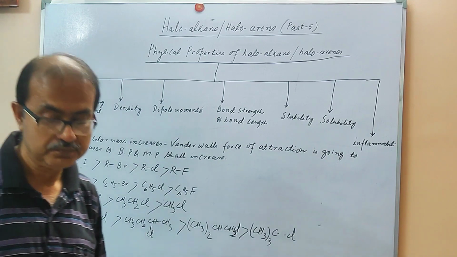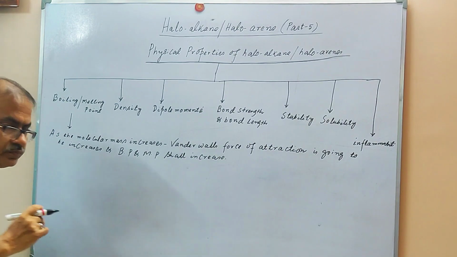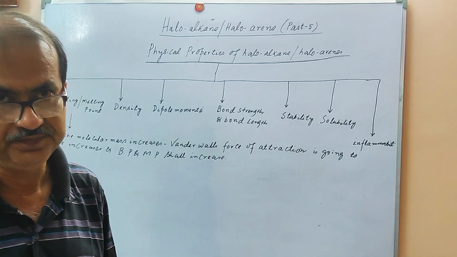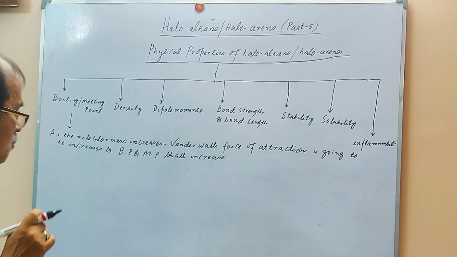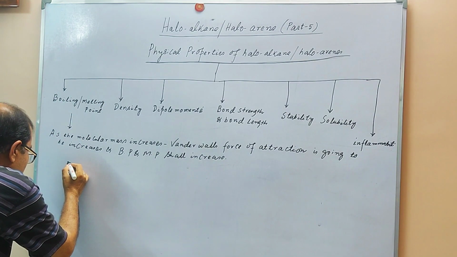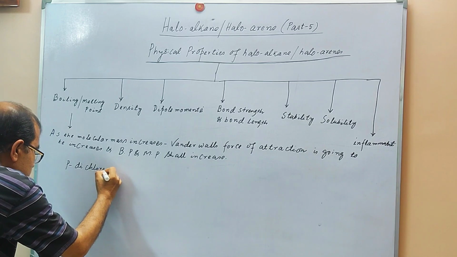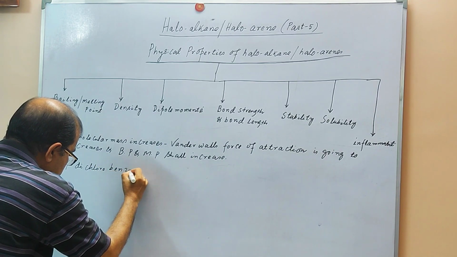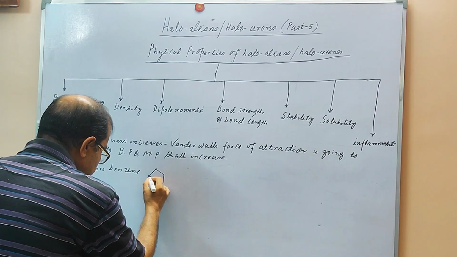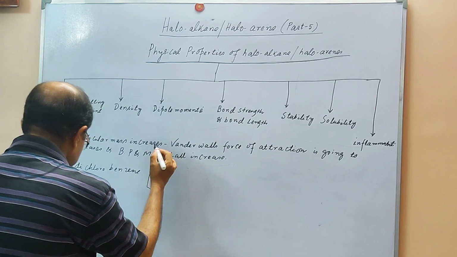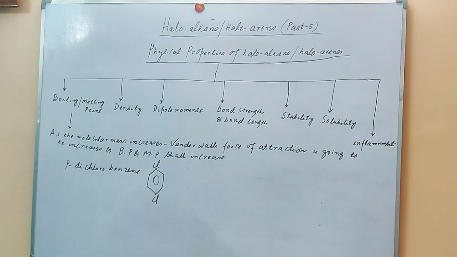Now for isomeric aryl halides, like ortho-dichlorobenzene, para-dichlorobenzene or meta-dichlorobenzene. This is para-dichlorobenzene, and you can see there is symmetry in the structure.